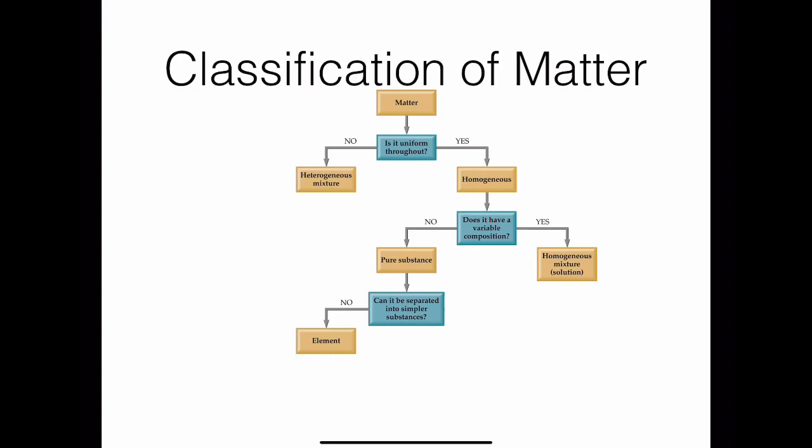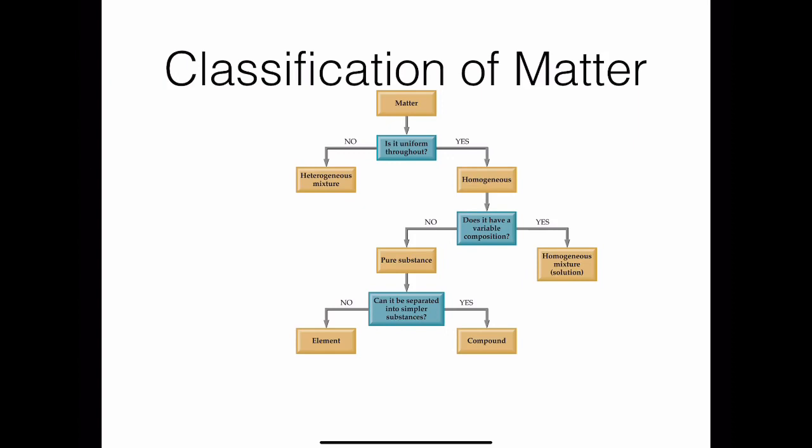So if our answer is no, if we're talking about a substance that looks the same, that is not made of more than one different thing and cannot be separated into simpler substances, then we're talking about an element. However, if we're talking about something that looks the same, is made of more than one different thing, and can be separated into simpler substances, then we're looking at a compound.